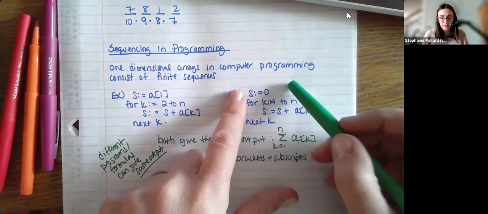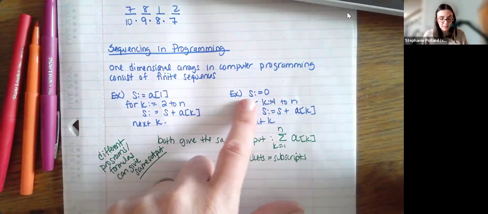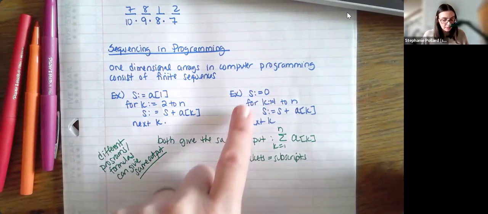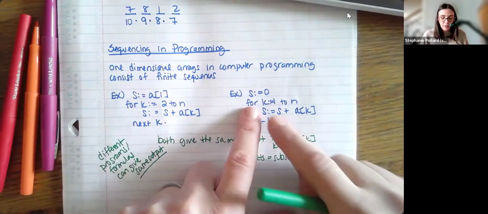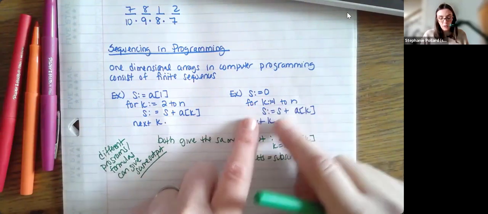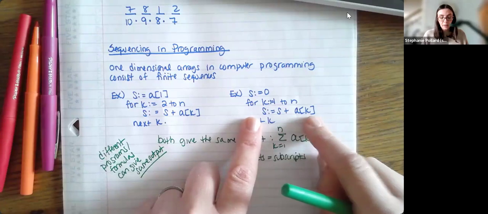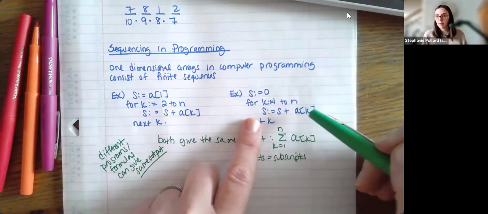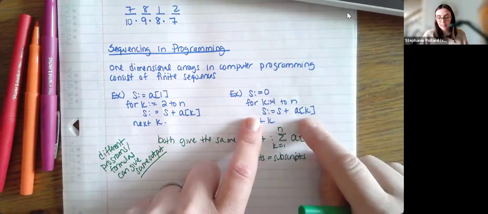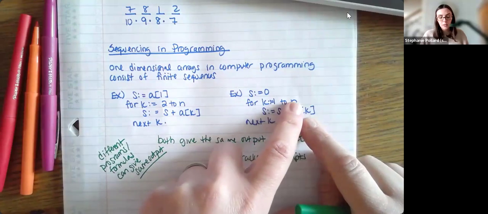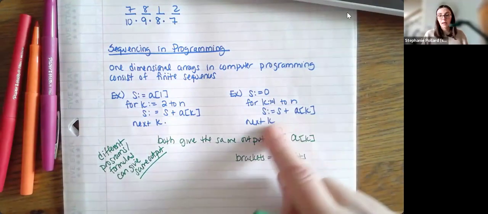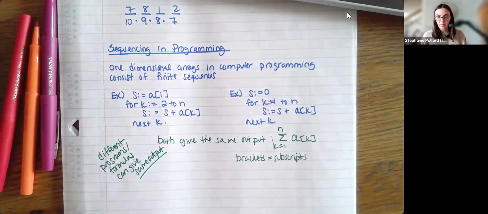In this case, again, just a slightly different setup. Here you're starting with 0 for your S. And then you're working from k is 1 to n. So your S becomes the original S plus the next a sub k. Now the original S is just 0, so it's not coming into play really here. And then your a sub k's are going from 1 to n. So in both cases, you have a basic sequence of 1 to n for a sub k here.